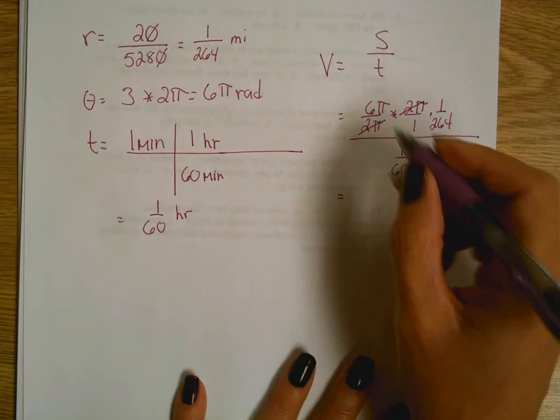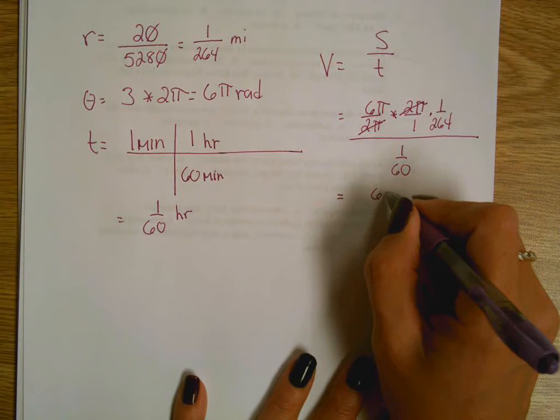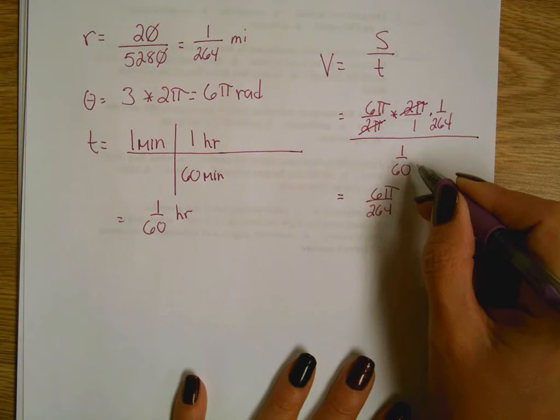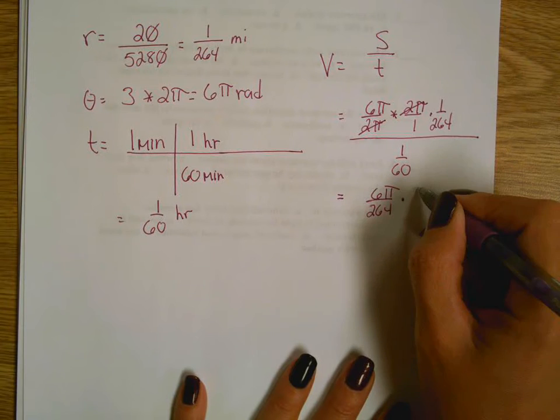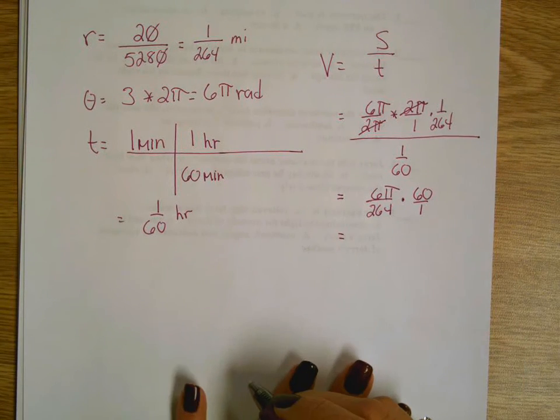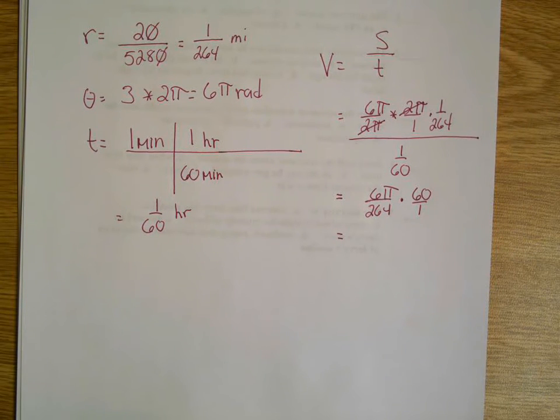Now it's calculator work, so we'll have 6 pi over 264. How do I divide by 1/60th? 60 over 1. So how fast is our Ferris wheel moving?